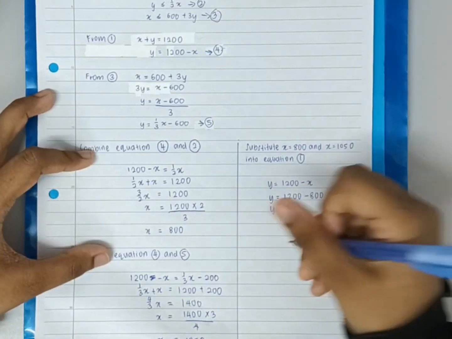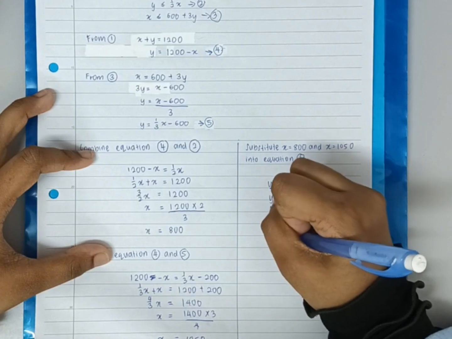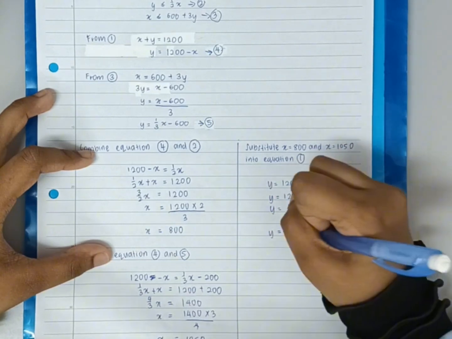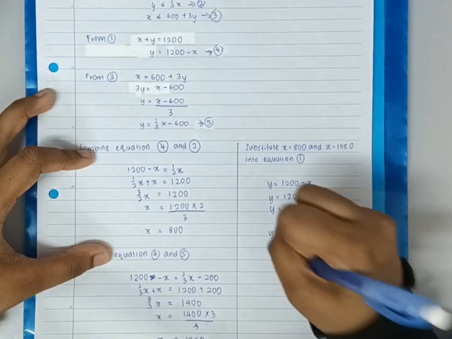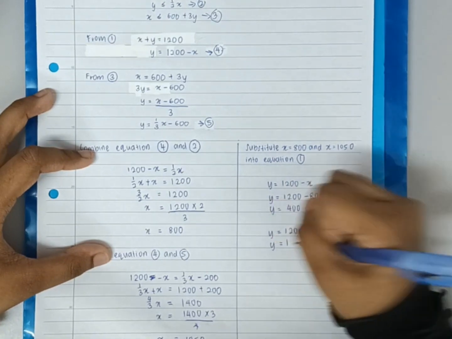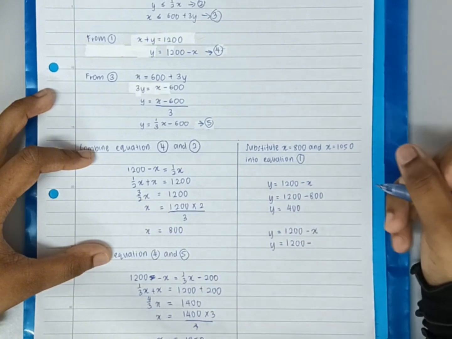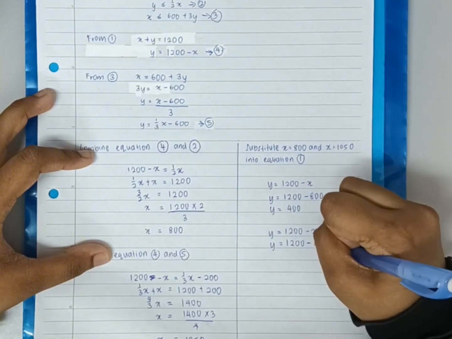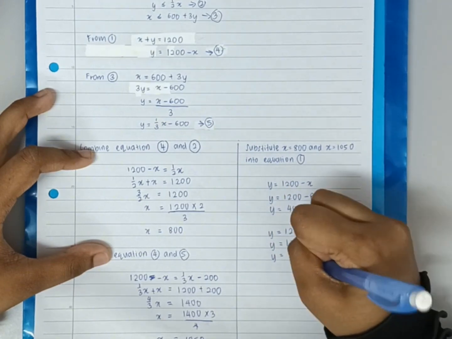And then to find another y value, we need to substitute again. Y equal to 1,200 minus x. Y is equal to 1,200 minus 1,050. Y is equal to 150.